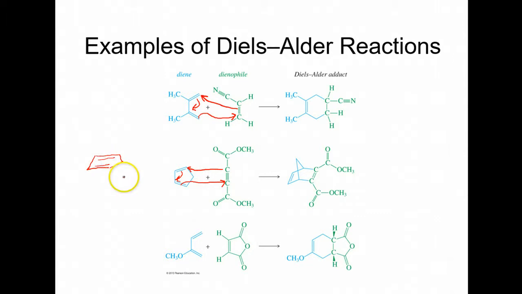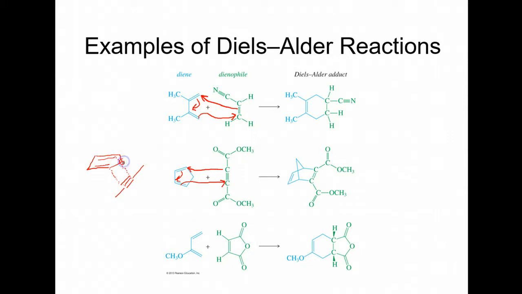We will also go over this in class. I will bring models, you should bring a model set, and we will definitely show the 3-dimensional of this. And what's happening is your triple bond, I'm just going to put the triple bond here, is coming underneath. So imagine my diene is kind of going over and the triple bond is here, and you're starting to form your bonds underneath it. Okay, it starts forming underneath.